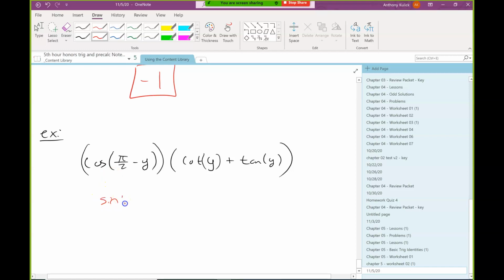And that's important because we want all the variables to be the same thing inside the trig functions, right? Now everything just has a y inside of the trig function. So we can combine these things and cancel these things if we have the opportunity to. We couldn't until we got all the variables to be the same on the inside, right? Everybody's okay with that idea? Good. What next?